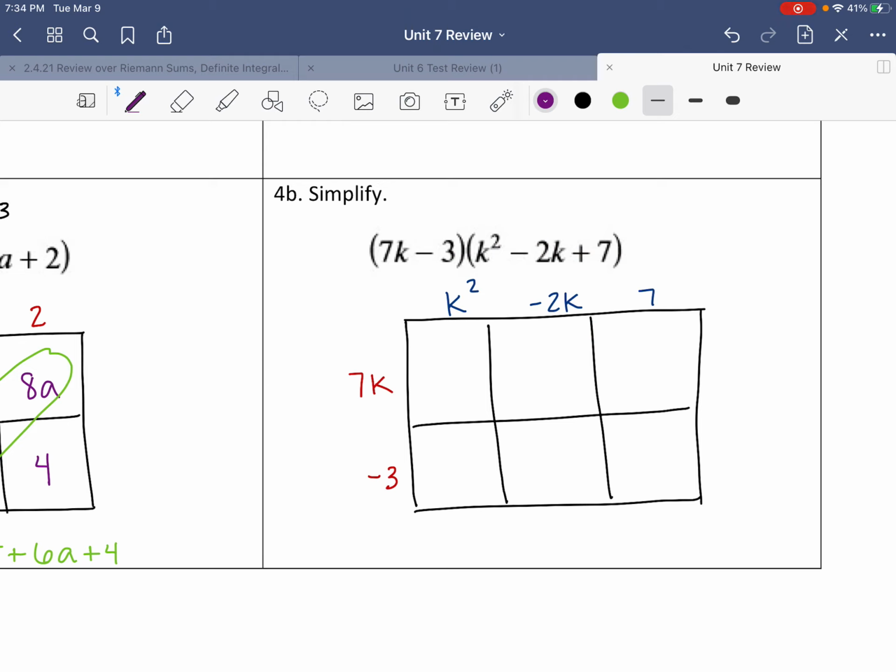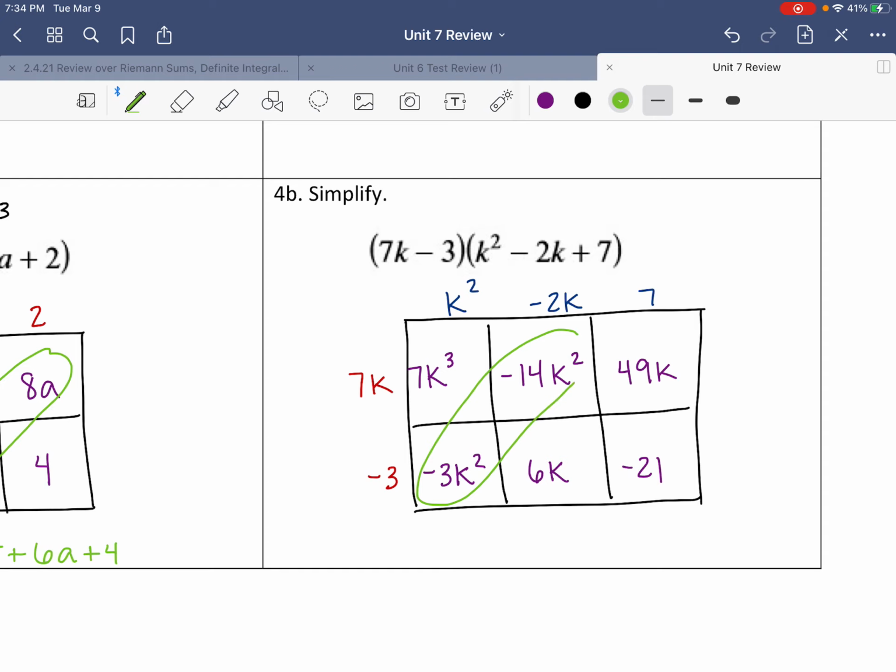When I multiply, 7k times k squared is 7k to the 3rd. 7k times negative 2k is negative 14k squared. 7k times 7 is 49k. Negative 3 times k squared is negative 3k squared. Negative 3 times negative 2k is positive 6k. And negative 3 times 7 is negative 21.